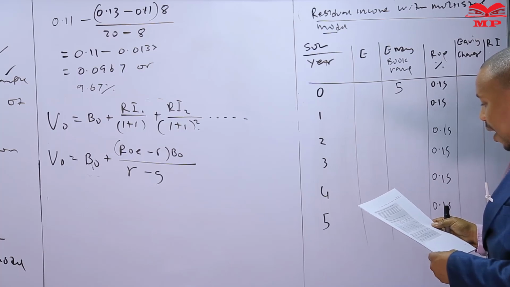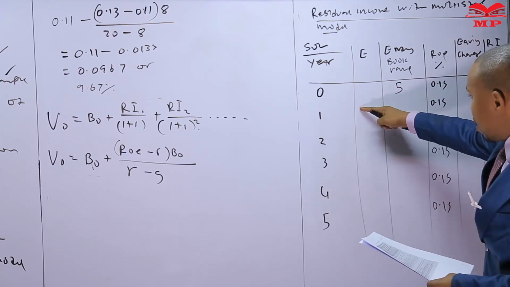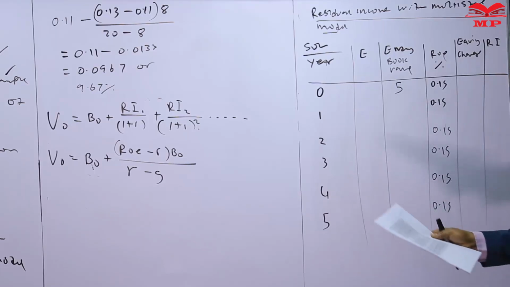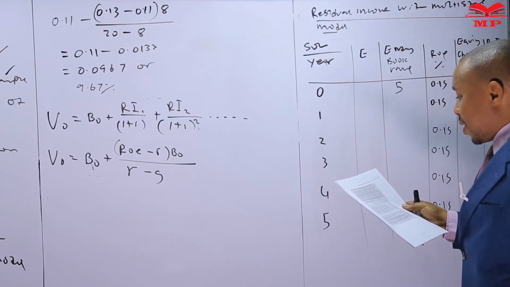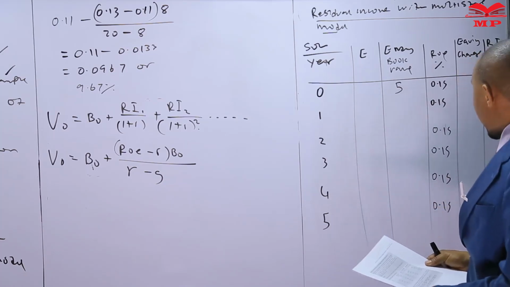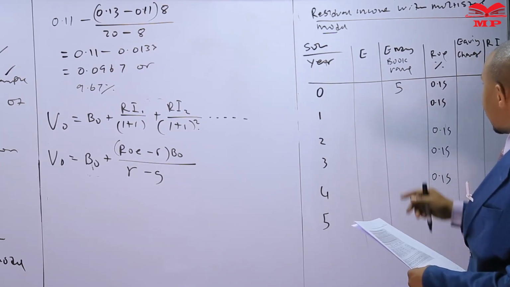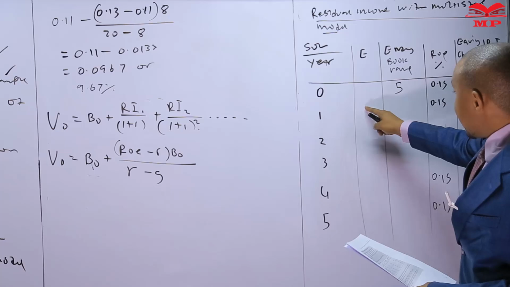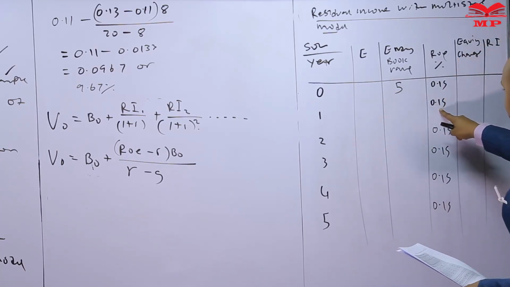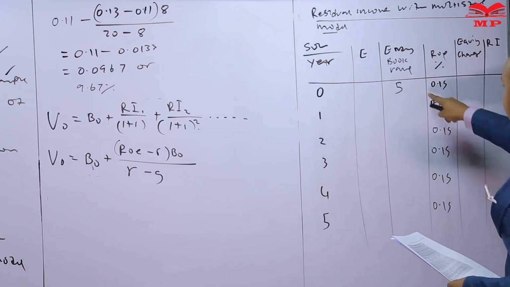Then the forecasted earnings in years 1 through to 5 are equal to the ROE times the beginning book value. So for us to get the forecasted earnings, we will multiply this component for year 1, 0.15 times 5.